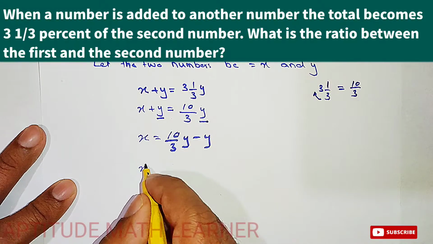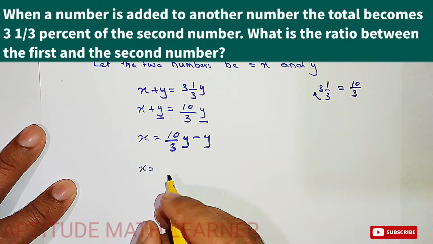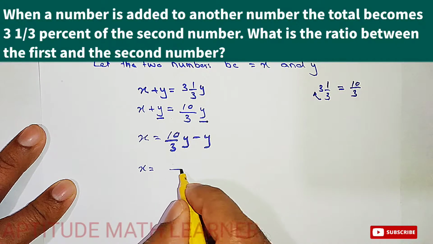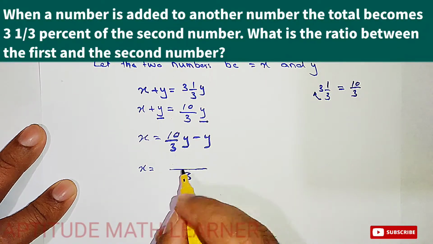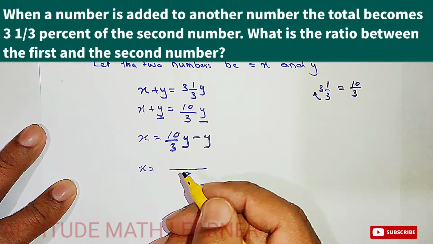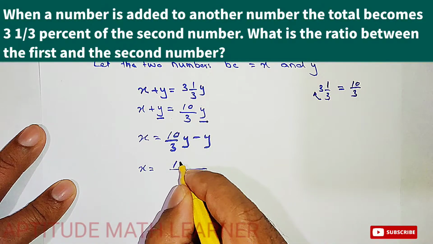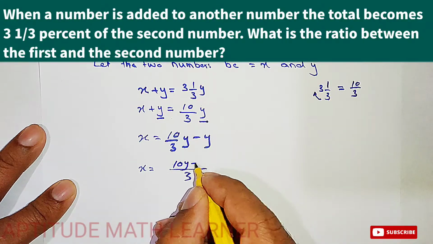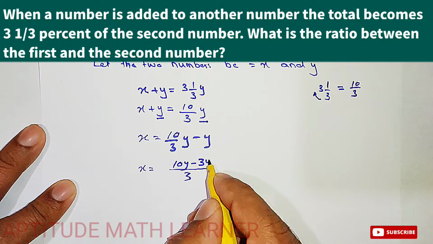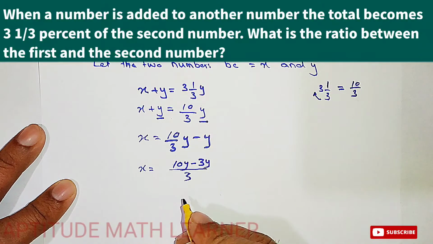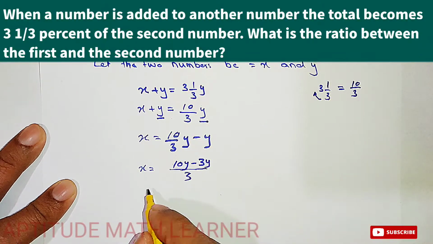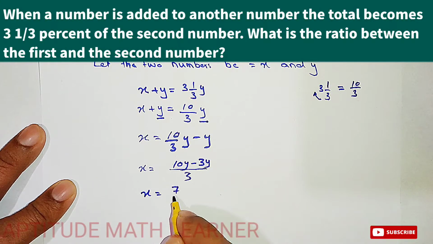So x is equal to, here we are having 3, so we take the LCM 3. So here 3 cancels out, and this becomes 10 y minus 3 y. I hope till here you have understood the method. And this becomes x is equal to 7/3 y.